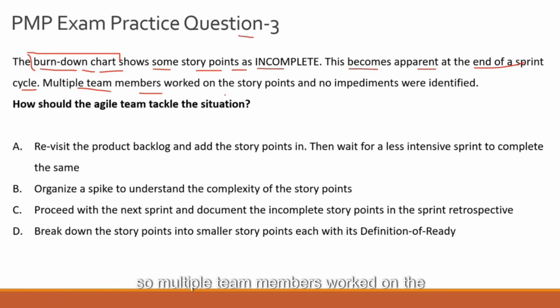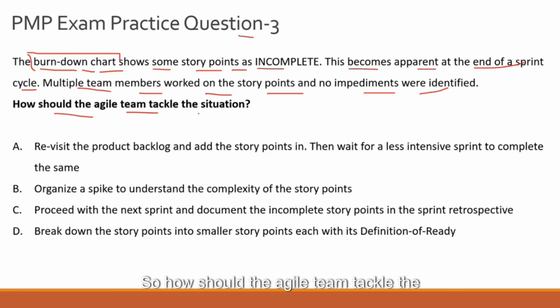Multiple team members worked on the story points and no impediments were identified. So this is the funny bit: a lot of team members were working on those story points, and they have not reported any concerns or risks with respect to the execution or the completion of those story points. Okay, so how should the agile team tackle the situation?